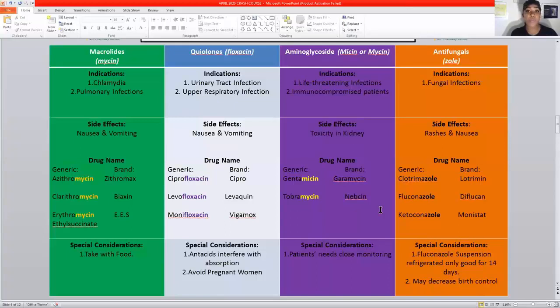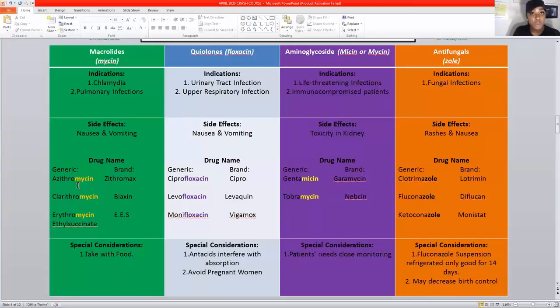When it comes to the brand and generic drugs that you need to be focusing on, I encourage you to really focus on generic. You need to know the brands, but most of the time the drugs are in the generic. Okay. If you look here, azithromycin, Zithromax.